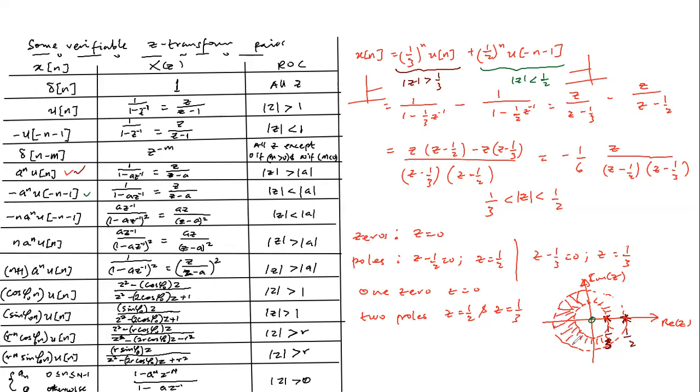So here we have a donut, and the region of convergence must not contain any other pole, so it cannot go beyond this pole placement here. So this is the region of convergence: 1 over 3 less than z less than 1 over 2. Well, I think this is a good place to stop, and bye for now.